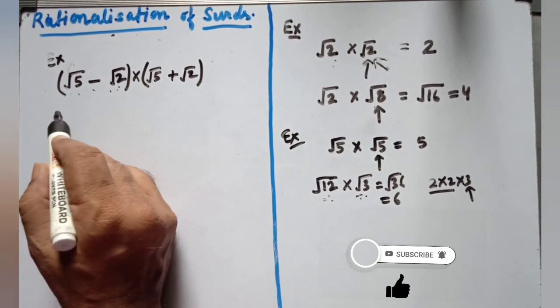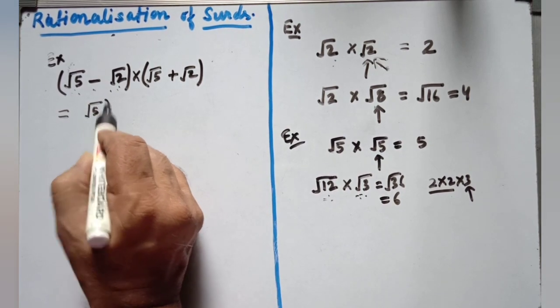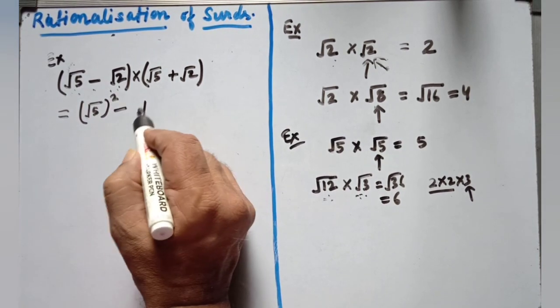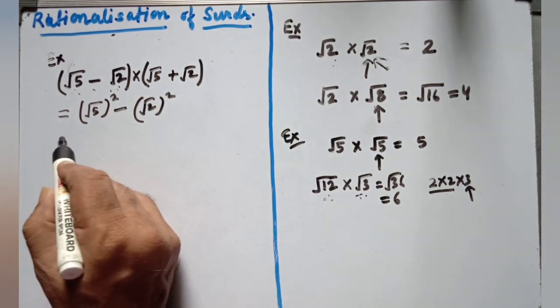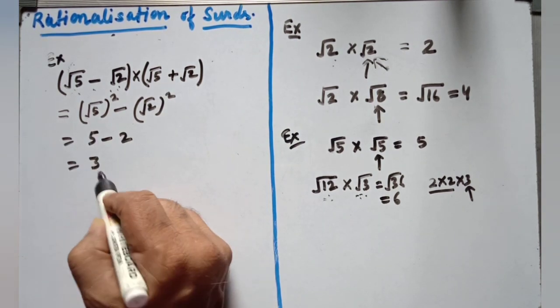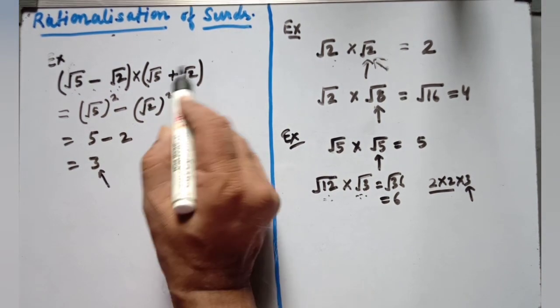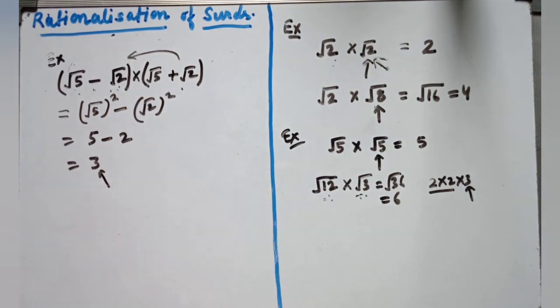Let us see the result. a plus b into a minus b: root 5 whole square minus root 2 whole square. This becomes 5 minus 2, and the result is 3, which is a rational number. So root 5 plus root 2 is the rationalizing factor of this. Whenever there is a binomial, we just change the middle sign, and that new expression becomes the rationalizing factor.